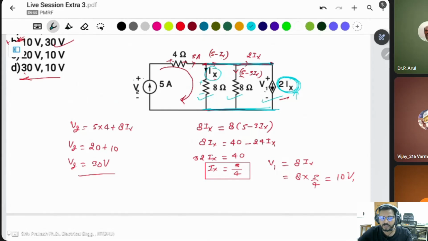That's why this is the current value. Actually, V1 is nothing but the drop across 2Ix, right? No, not like that. 2 into Ix is given as the value of current of that dependent current source. And the voltage drop across it is actually this voltage drop, 8Ix, across 8 ohm. Okay, thank you, sir.